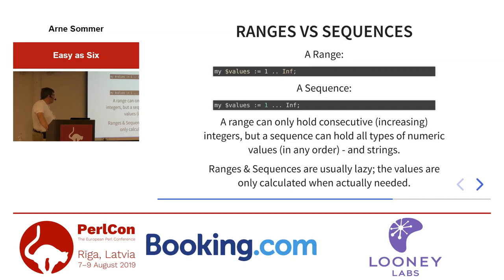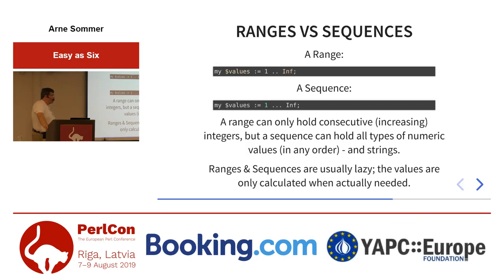Both of them are usually lazy. The values are only calculated when actually needed. So a range from 1 to infinity is all right. It isn't computed until we actually need it.